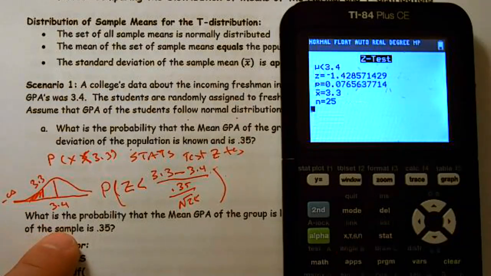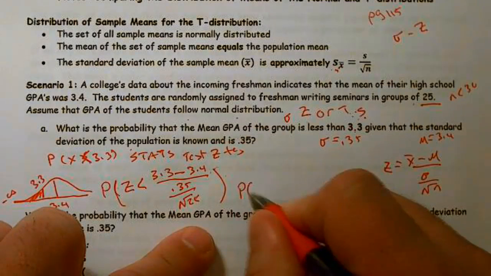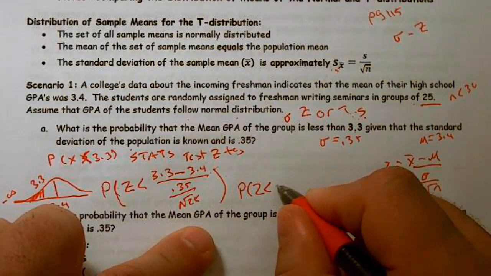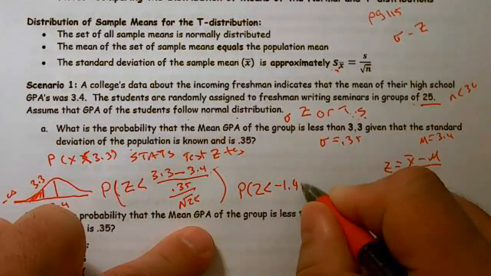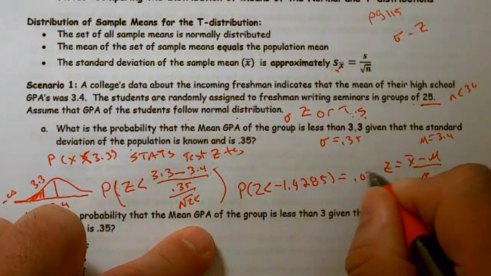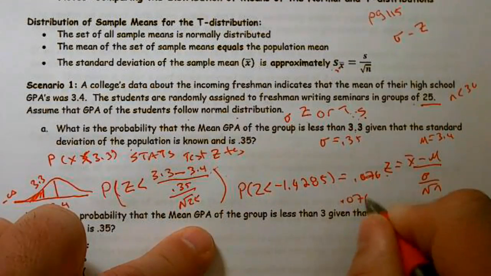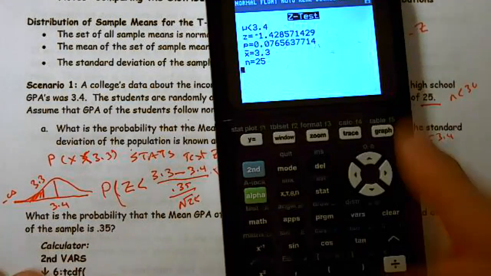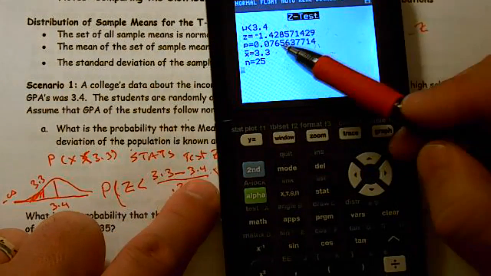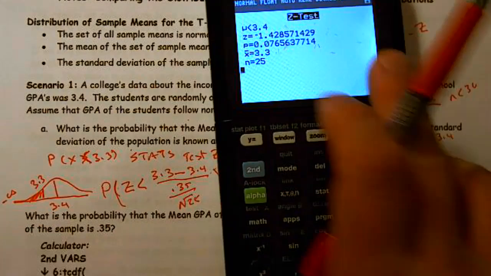That looks good. And I end up getting the probability that z is less than negative 1.4285 equals 0.0765. All right, so there's my negative 1.4 for my z-score, and there's my p-value 0.0765.